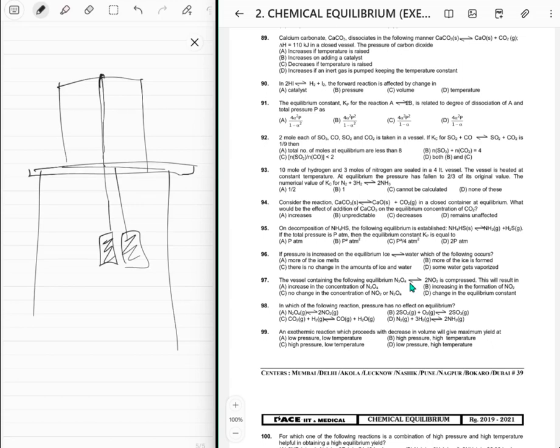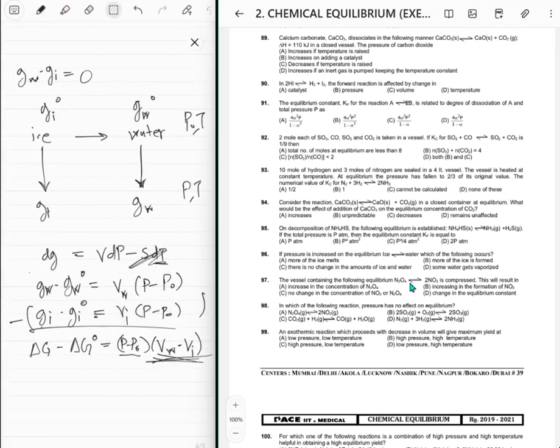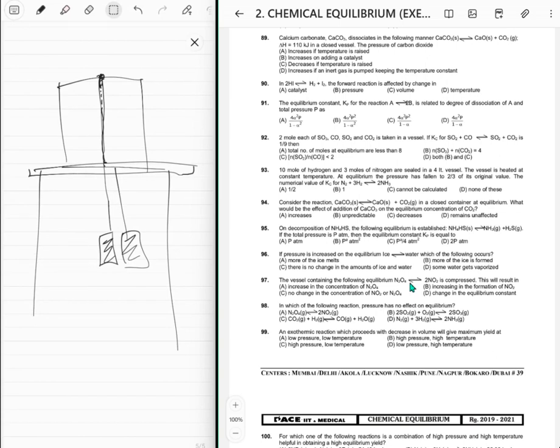At first it holds, but then it melts, and the string starts seeping inside and goes all the way to the bottom. So that represents this calculation: increasing the pressure in this case will favor the forward reaction.